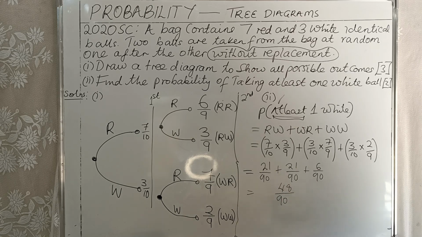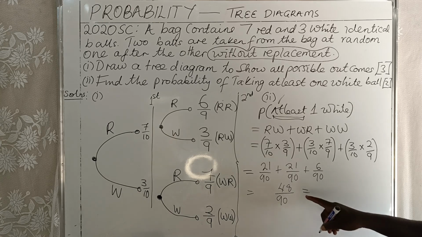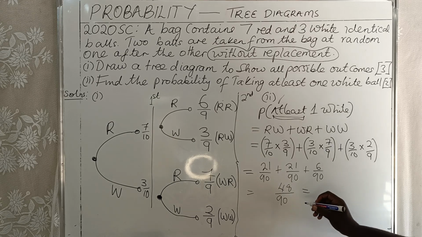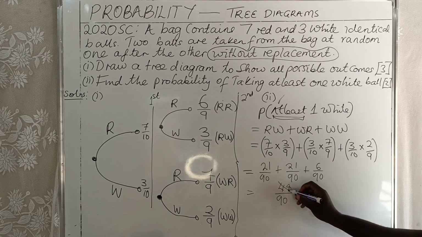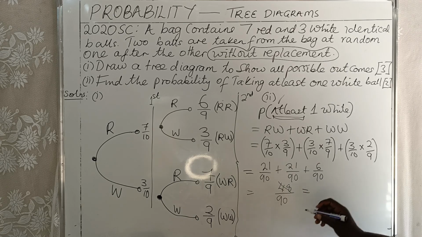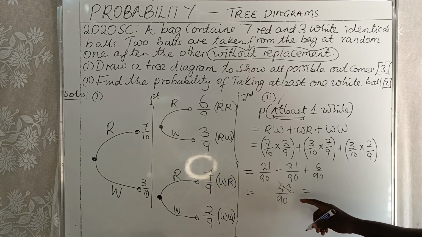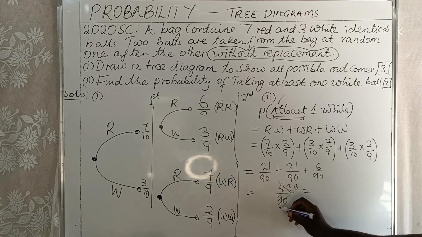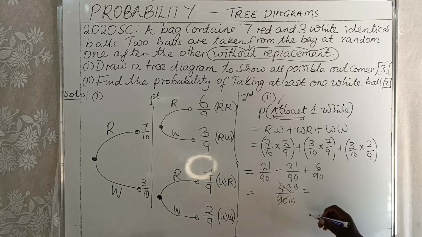Okay, so 48 over 90, and now we need to reduce this to lowest terms, and we know there is a number that goes into 48 and 90, and that number is 6. 6 into 48 is 8, and 6 into 90 is 15.